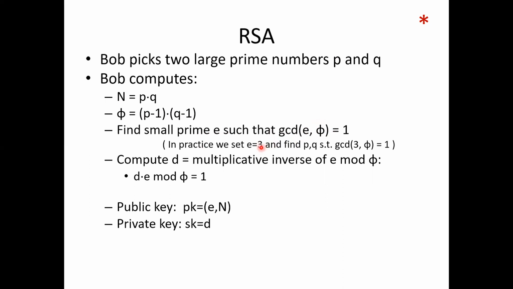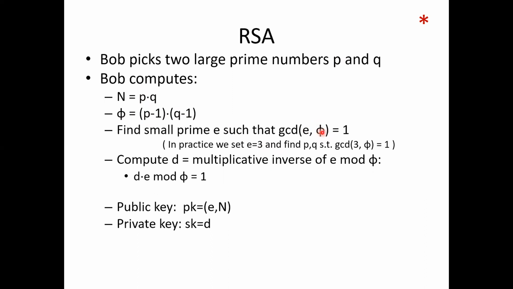In practice, RSA is most commonly used with a very small prime. In fact, it is the first small prime that is not even, right? I mean, the smallest prime is 2. And why is it not 2? Because if P and Q are prime, then they are odd. So P minus 1 and Q minus 1 are even. So phi is even. So 2 has no chance of being co-prime with phi.